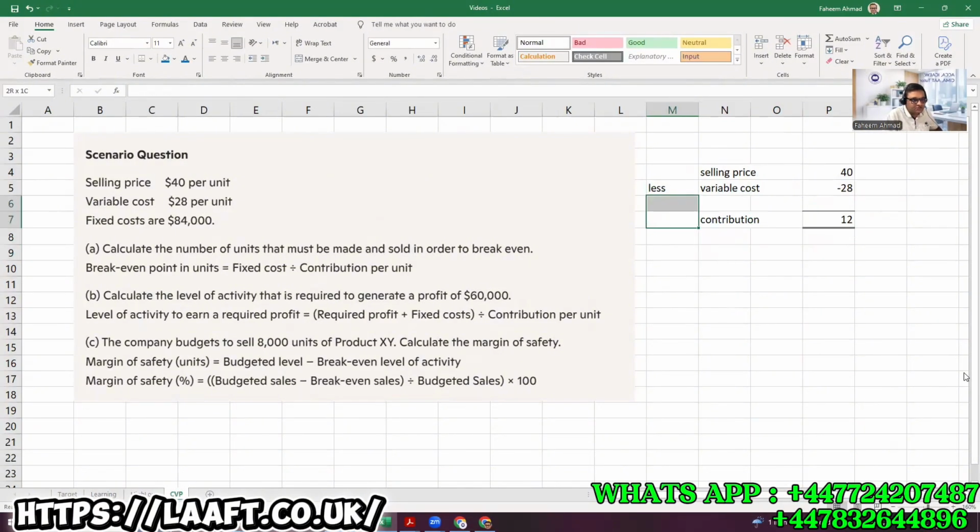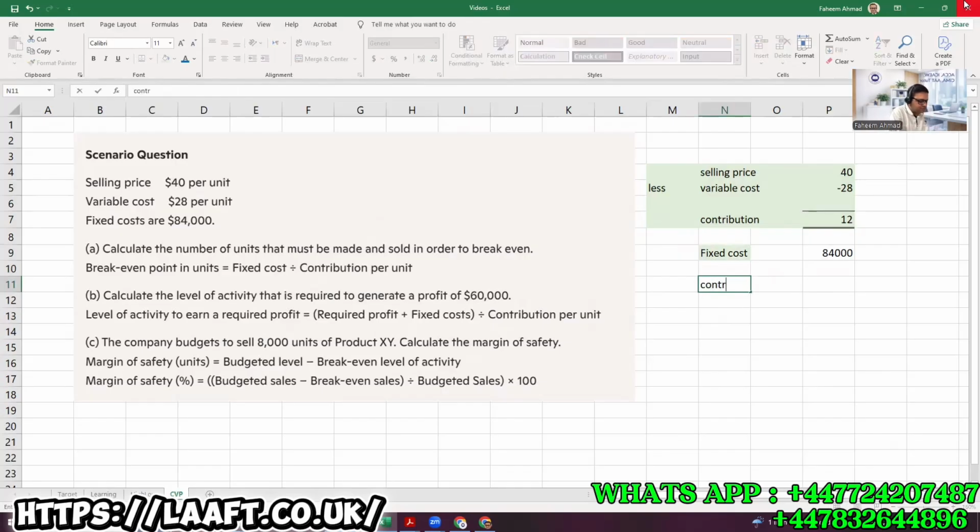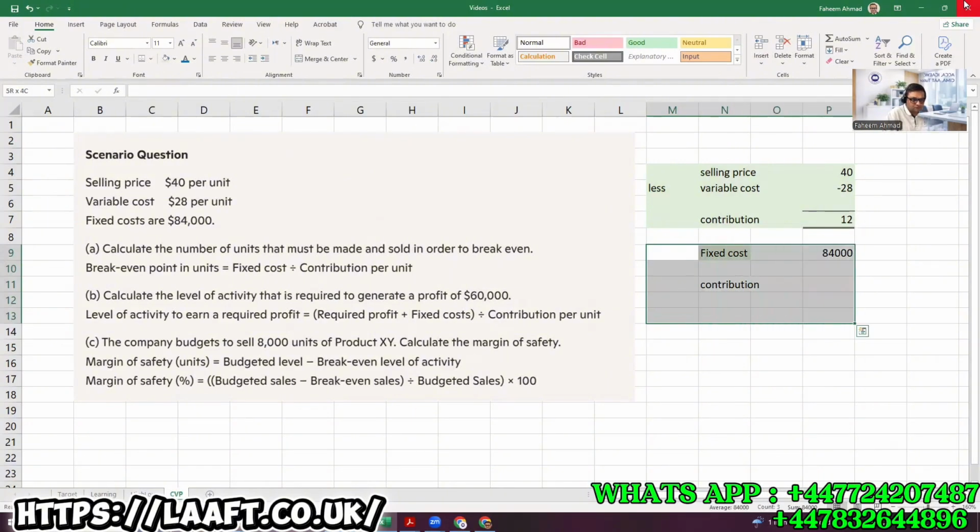So in this case, we have the fixed cost, which is 84,000. We have contribution. Contribution is 12.